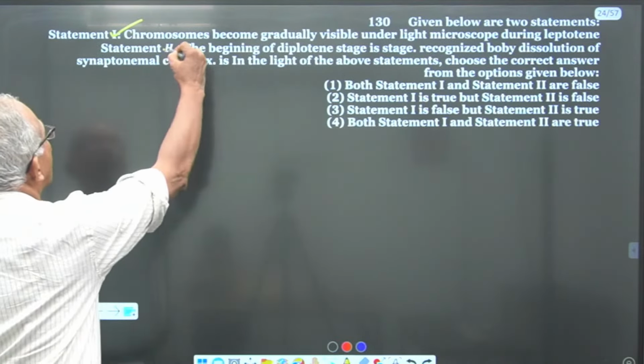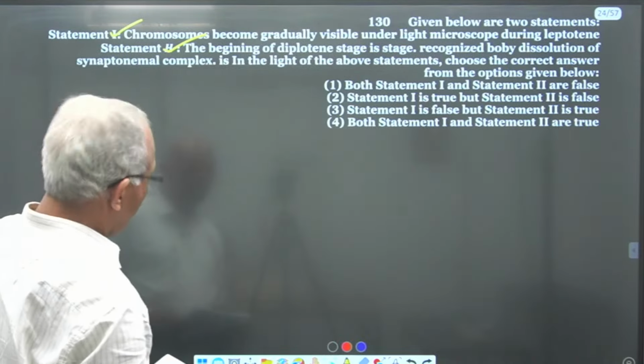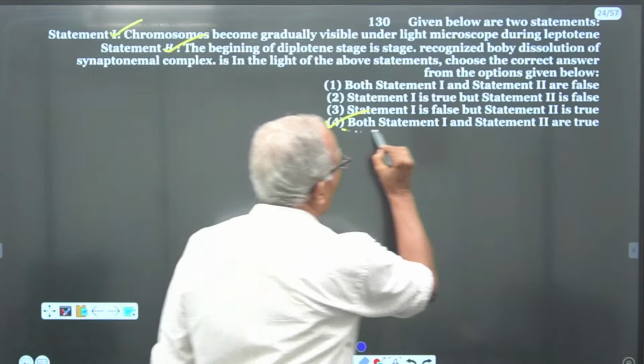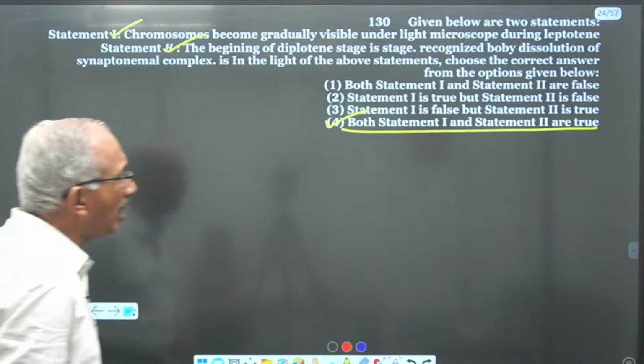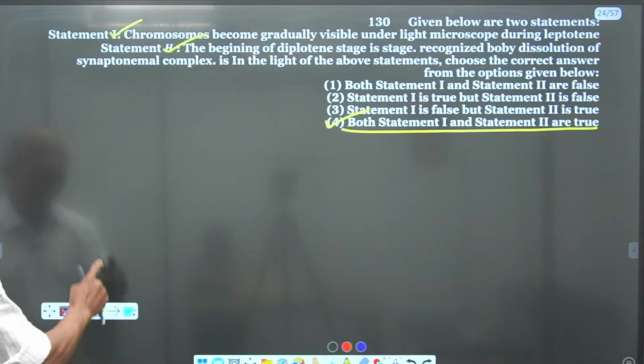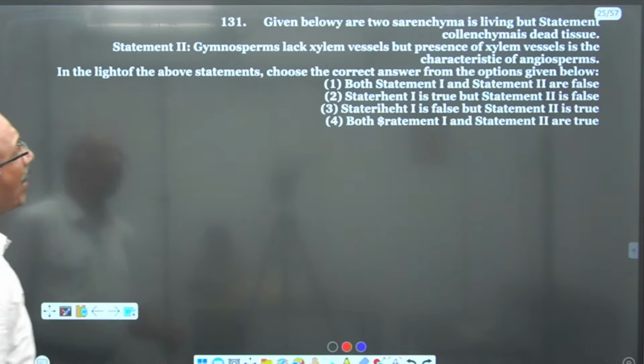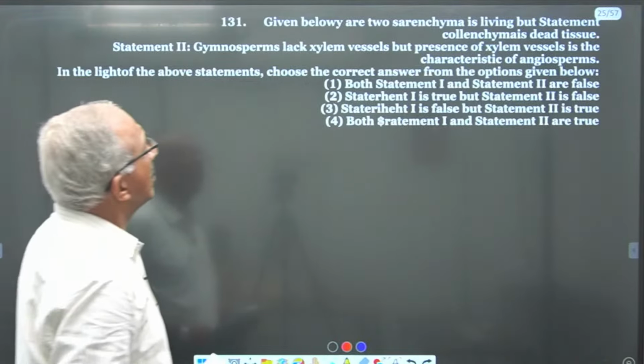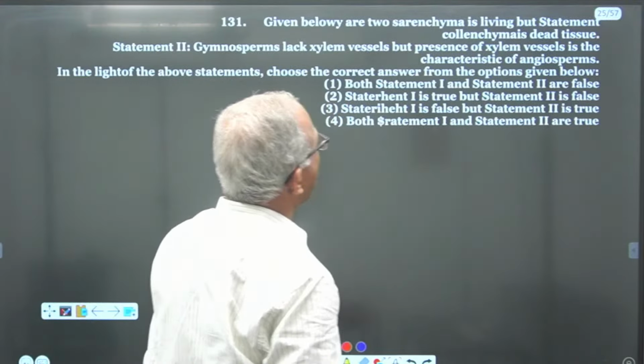That is also correct. Here answer is both statements 1 and 2 are true. Given below are two statements.